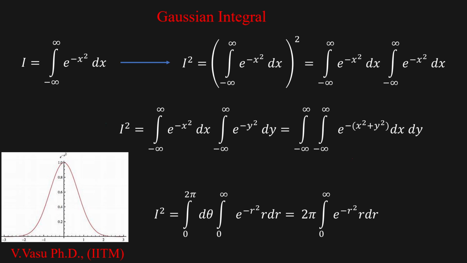Here x is a running index. We can change the second one into y. Just because you change the label, your result will not change.